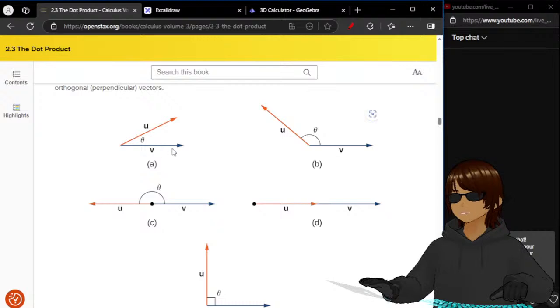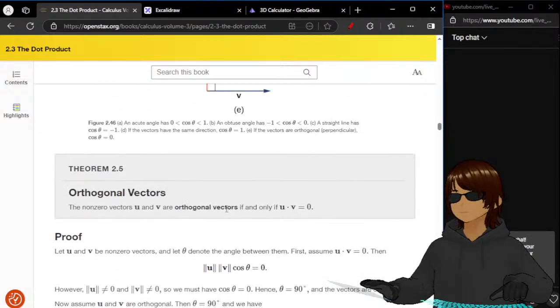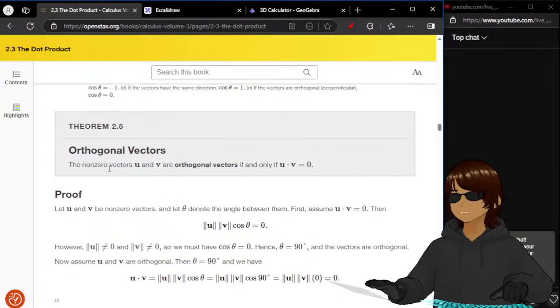So an obtuse angle, an acute angle at A, and then C is a straight line. Cos theta is minus 1. Here cos theta is 1. Then here cos theta is 0. The non-zero vectors u and v are orthogonal vectors if and only if u dot v is 0.